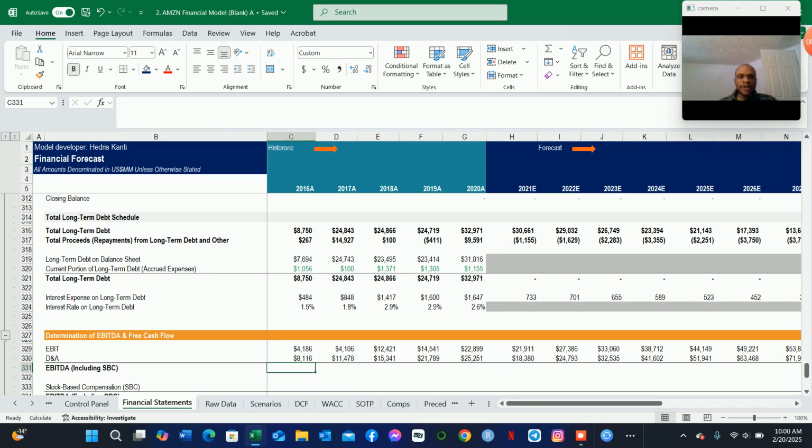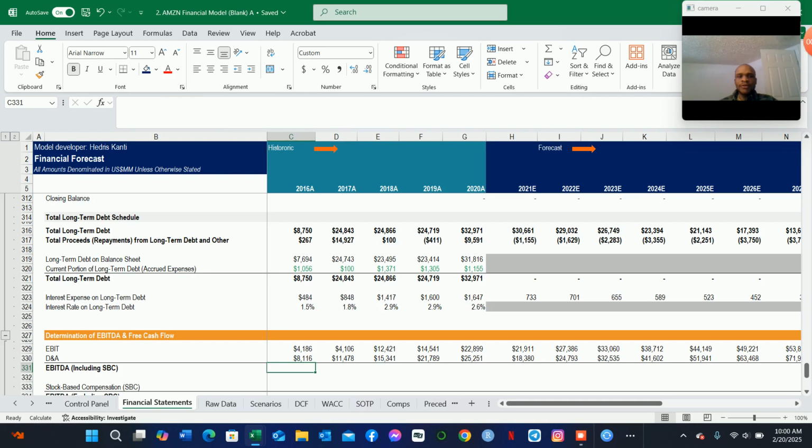So having done that, we just want to estimate the EBITDA including stock-based compensation and the EBITDA excluding stock-based compensation. The reason why is because stock-based compensation has a significant impact in determining the free cash flow to the firm.